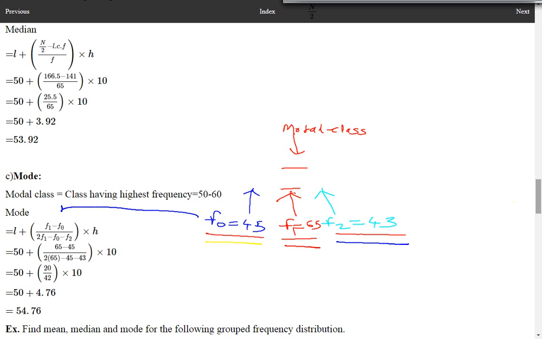Substitute all these values in this formula and after calculations you will find that mode is equal to 54.76. Again I request you to do these calculations on your own and verify that mode is 54.76.